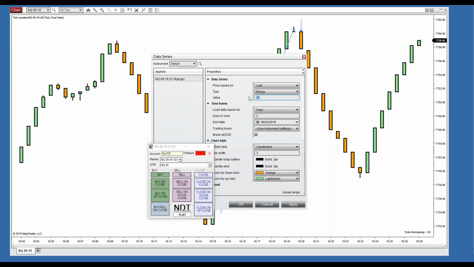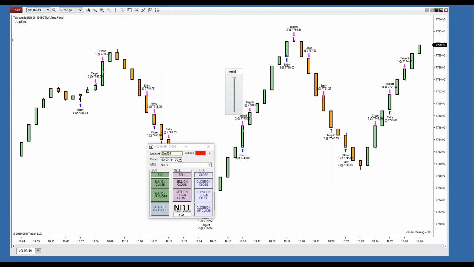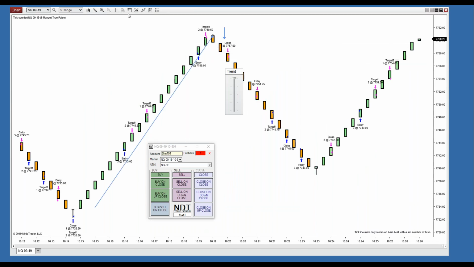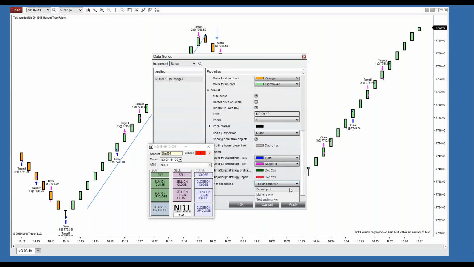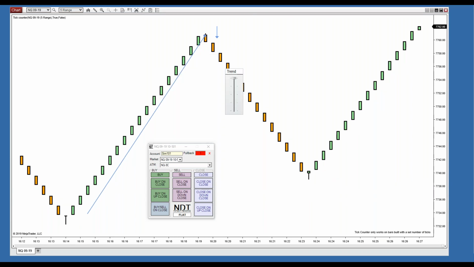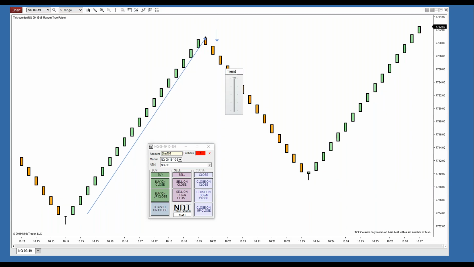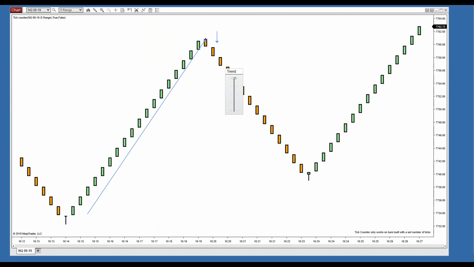What we'll do is we'll go to a 5 range. Now I have to trim. I'm going to hit OK. Let me take out all the print, and change the strategy in the NDT to a 5 range.